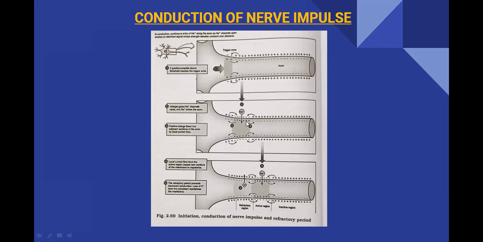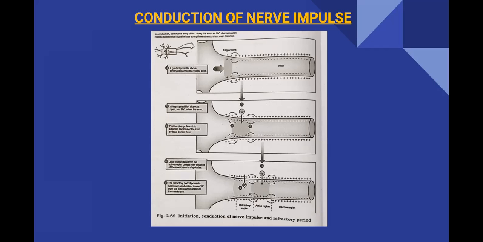Like this, throughout the length of the axon, the positive charge will travel alternately one after another. In this way, the positive charge condition will be propagated throughout the length of this neuron. This is how the nerve impulse is propagated throughout the axon.